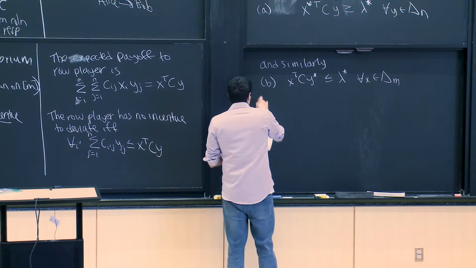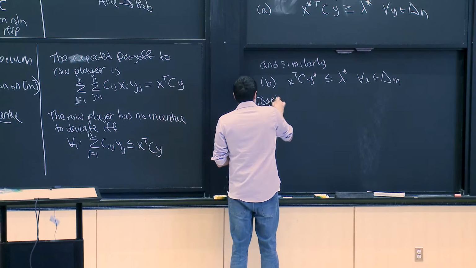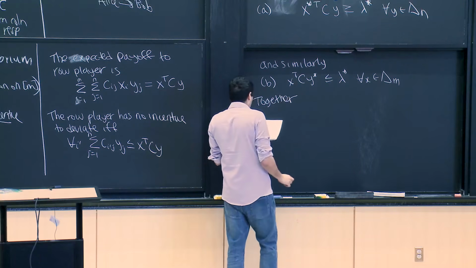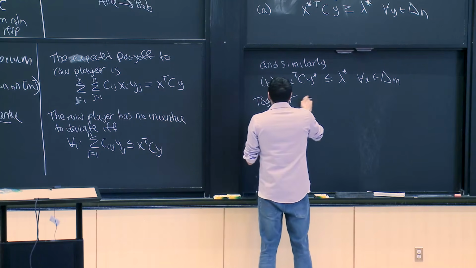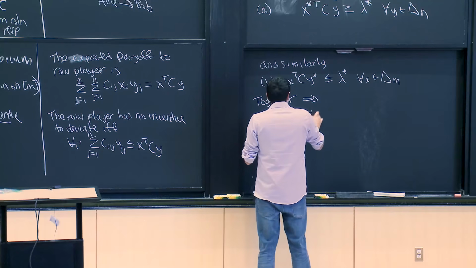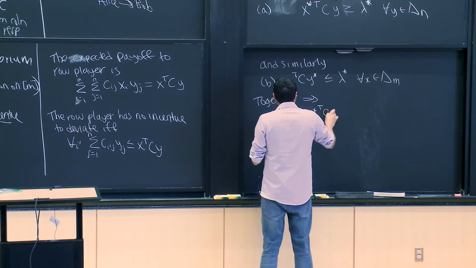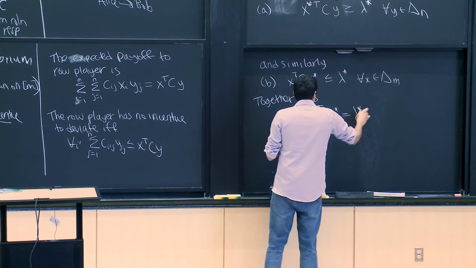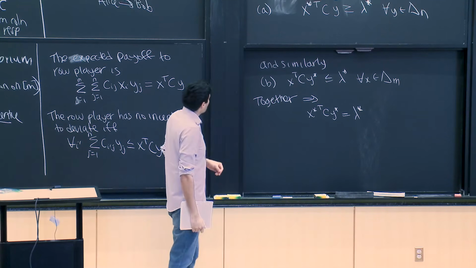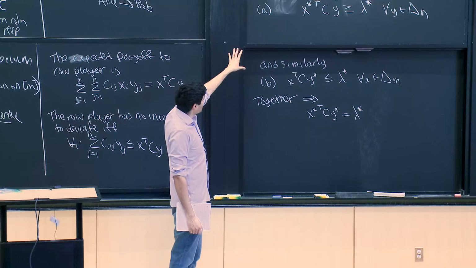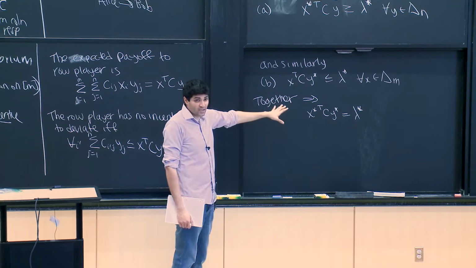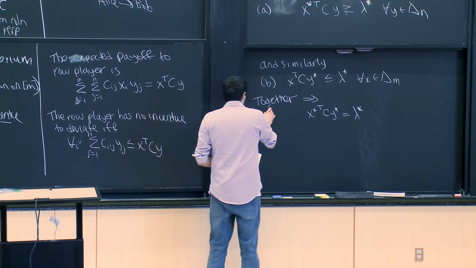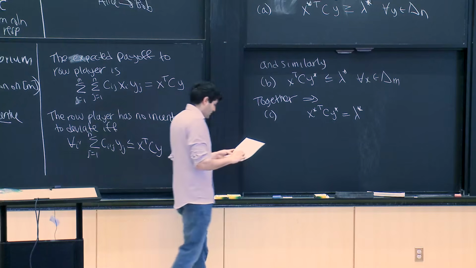And together, what these two things imply is that x star transpose C y star is equal to lambda star. Just by putting these two constraints that we have over all y and over all x together, we get exactly what we wanted, that the payoff really is lambda star.